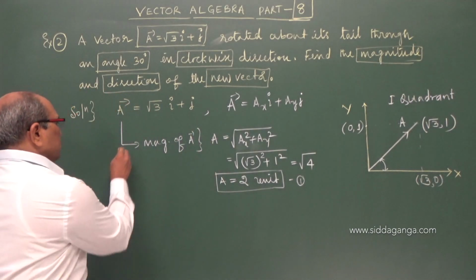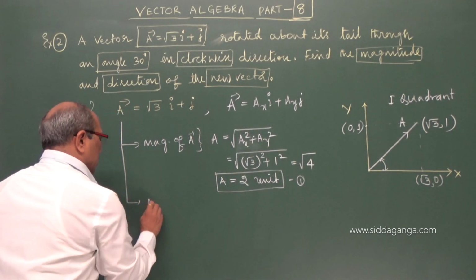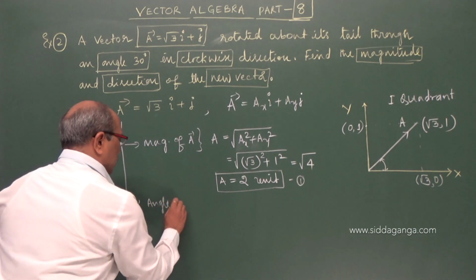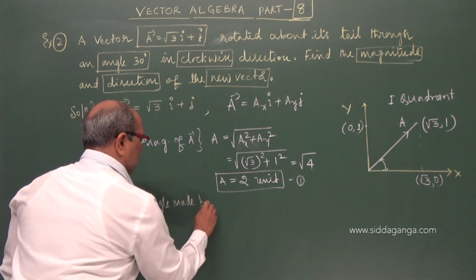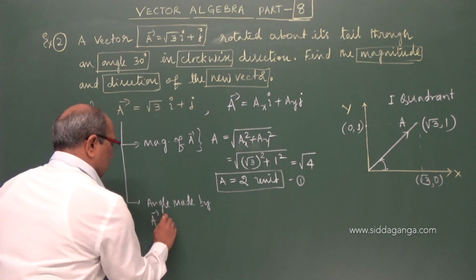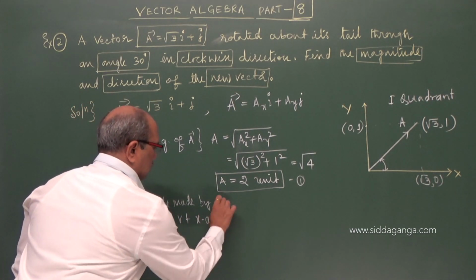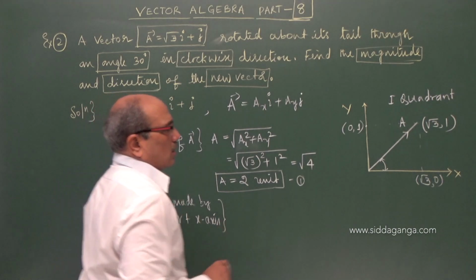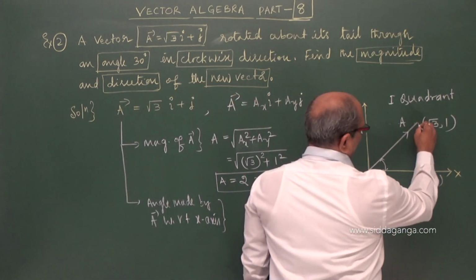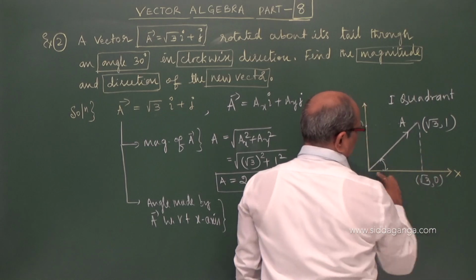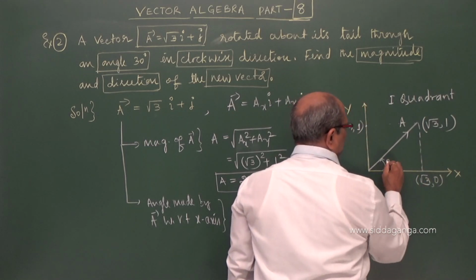How to get the angle? The second part is the angle made by A with respect to the x-axis. This theta I require.